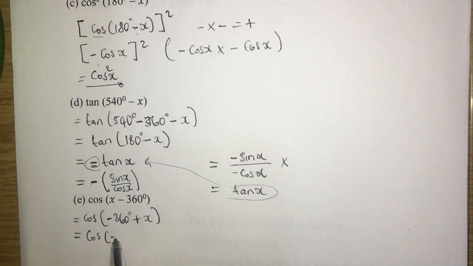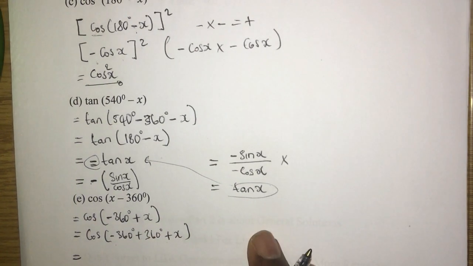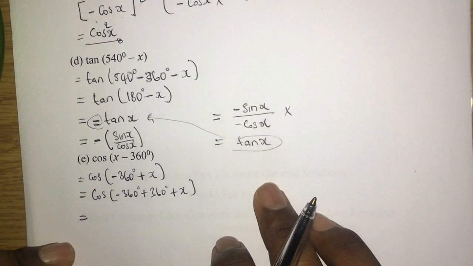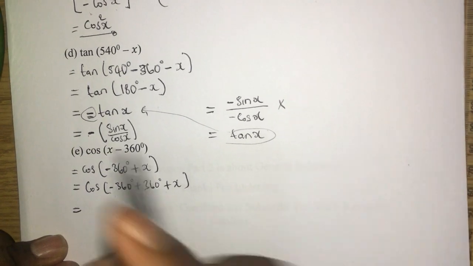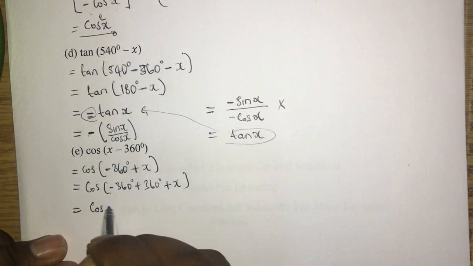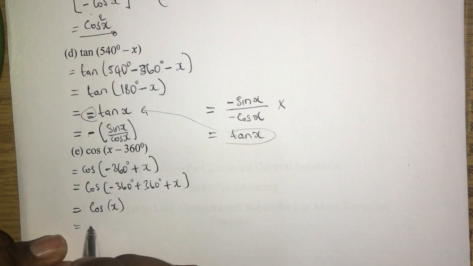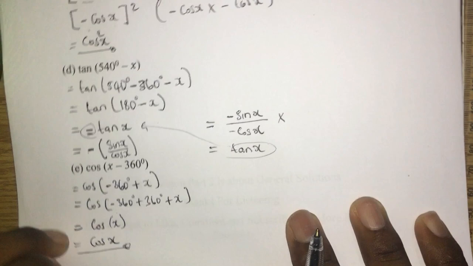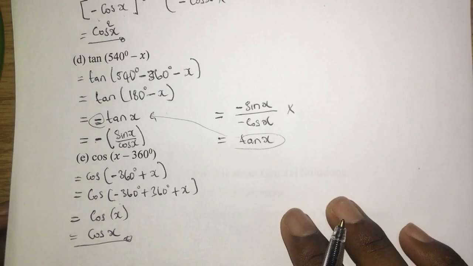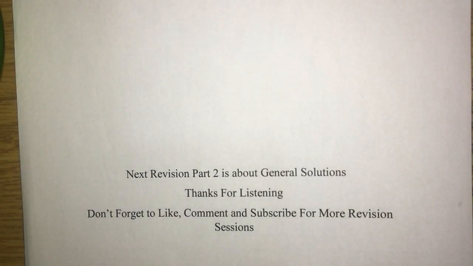So it would be negative 360 plus 360, plus x, which at the end of the day turns to 0. Then cos will be left with x, so your answer is cos x. This is your answer.